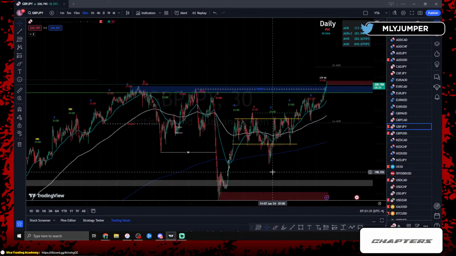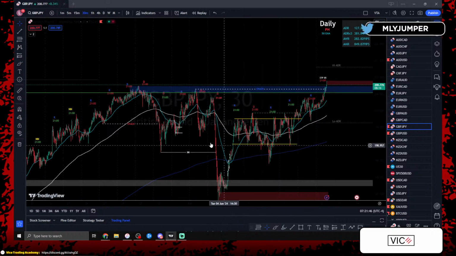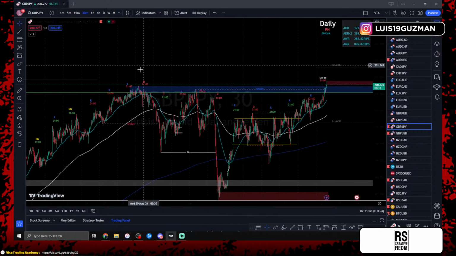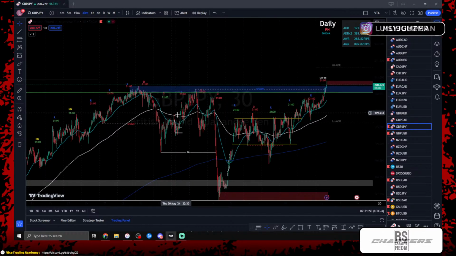Overall, GJ is uptrending. If the daily time frame is uptrending, and the 4-hour time frame is uptrending, and the 30-minute is downtrending, what does that mean? It simply means that in the 30-minute time frame, we were in the higher high, making a higher low.